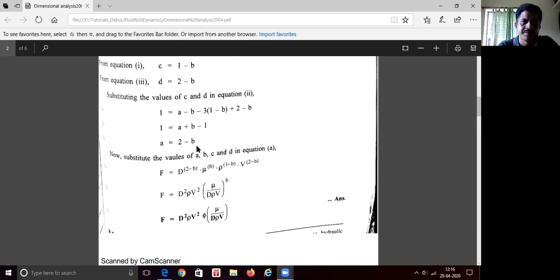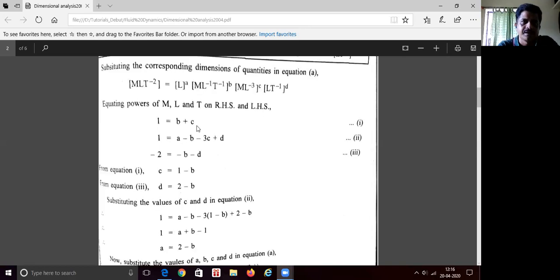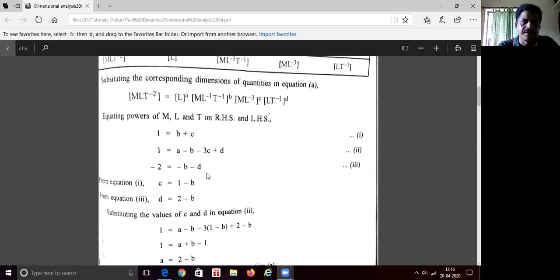Let us keep B as it is. And the C value also we got here, 1 minus B. And the D value also we got, 2 minus B. We can observe here all powers are expressed in terms of B only. So let us go back to this equation, that is F is equal to something.